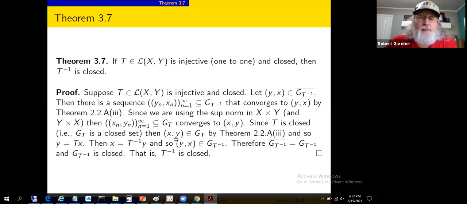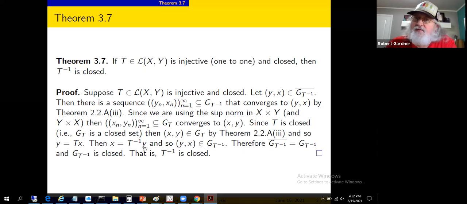And if we have the pair (x,y) in the graph of T, that means y equals T of x. That's how you get to be in the graph of T, to satisfy y equals T of x. But if y equals T of x, that means x equals T inverse of y.